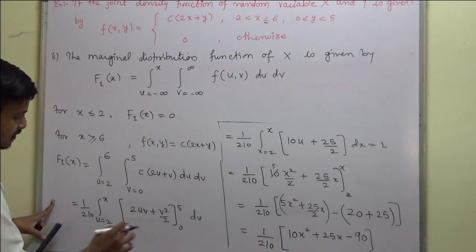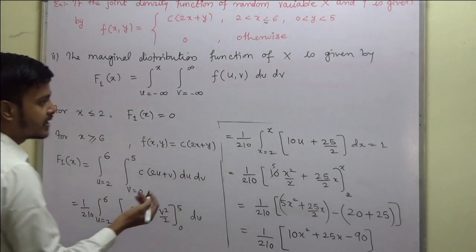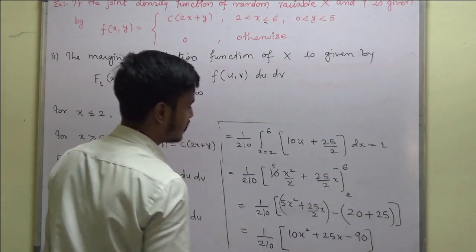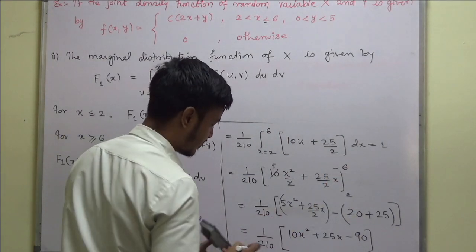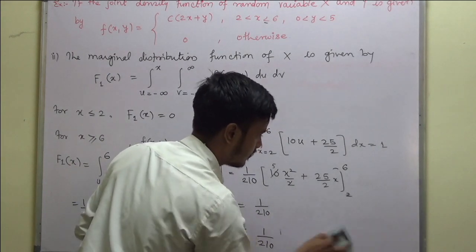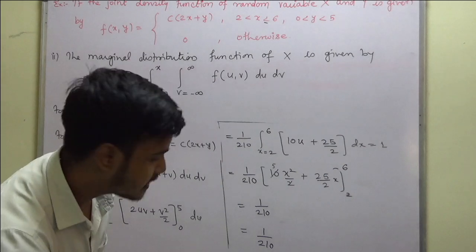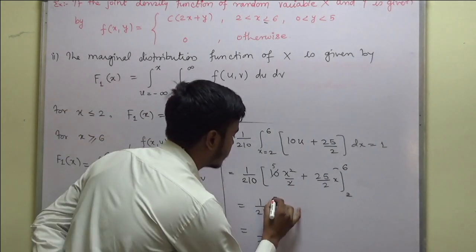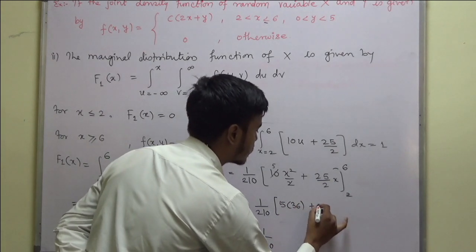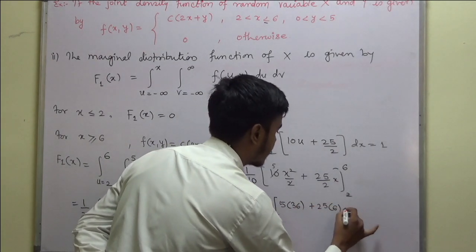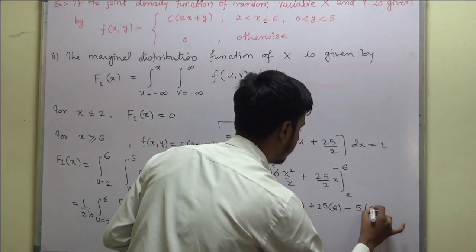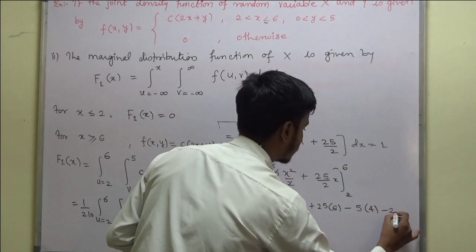So all the things remain as they are, the same calculations will be there. Instead of x you have 6. So it is 5 into 36 plus 25 into 6 minus 5 into 4 minus 25.